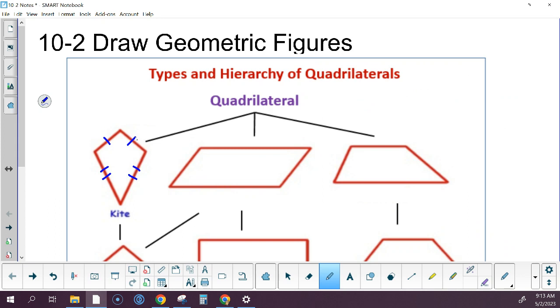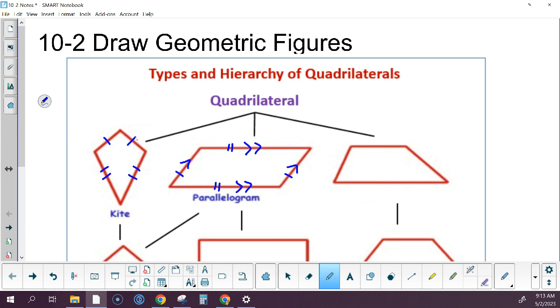The next one here, we have parallel sides that are also congruent. So we'll put a little line here, and then these are congruent as well, and they're parallel. And what that represents, remember, if there are two sets of parallel lines, that is called a parallelogram.